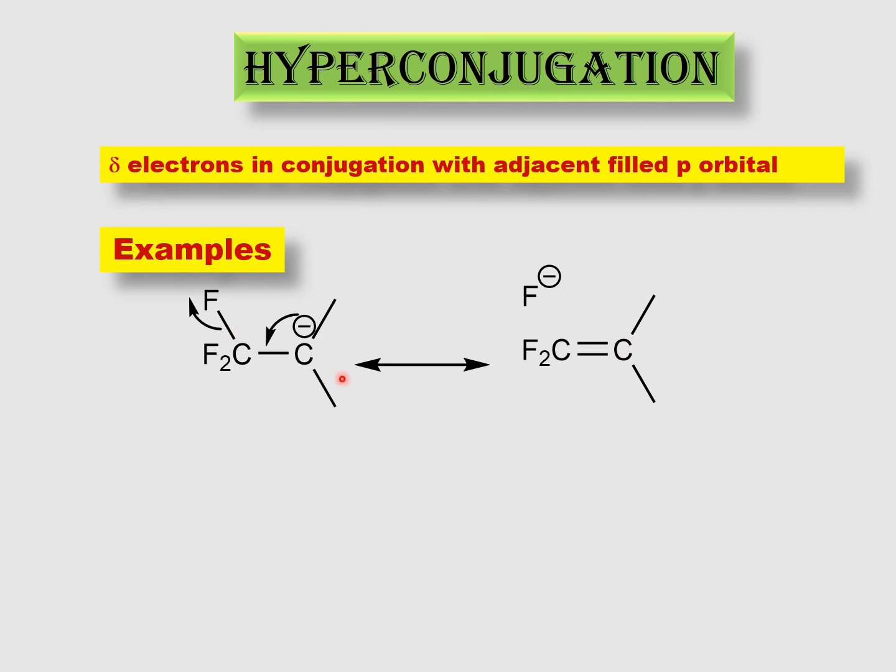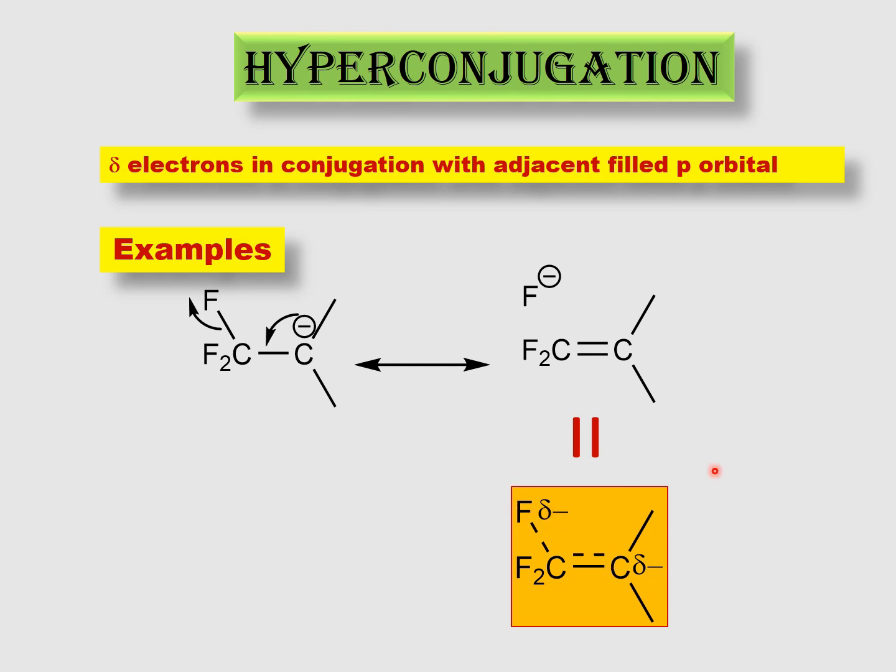But now the accumulation of this negative charge is reduced because of hyperconjugation, and it is shared. This negative charge is shared by both carbon and fluorine. So they are shown with the delta negative charge both on fluorine and carbon in this case, and you can see the dotted lines showing partial single and double bonds.